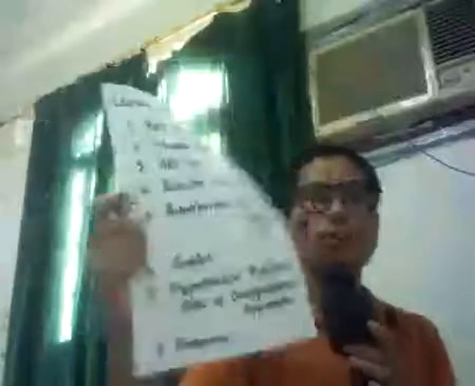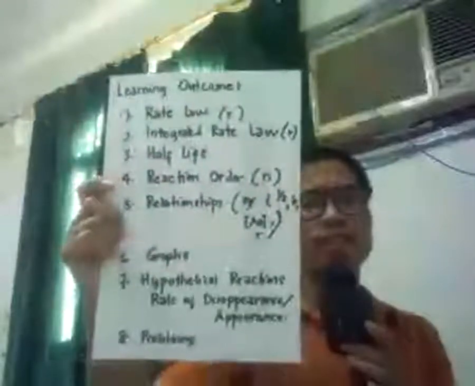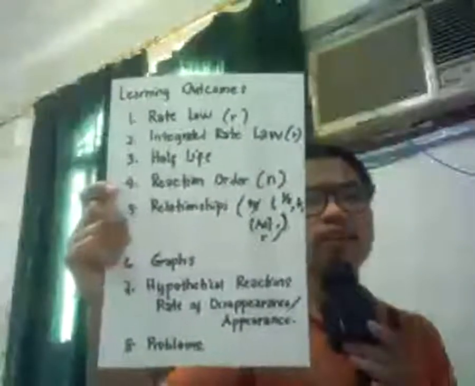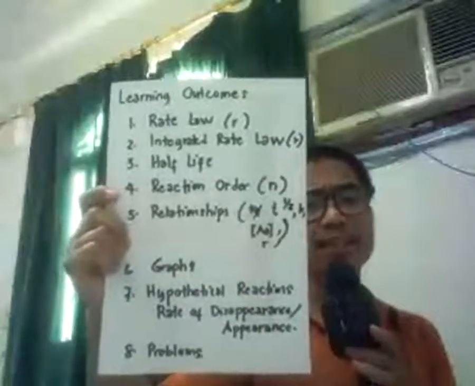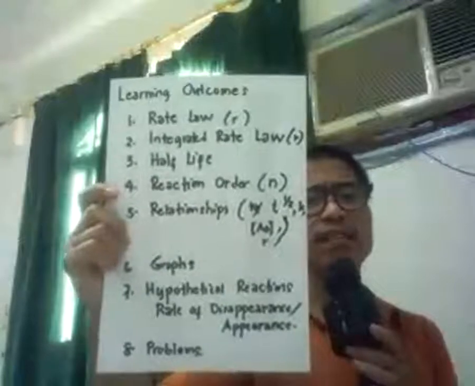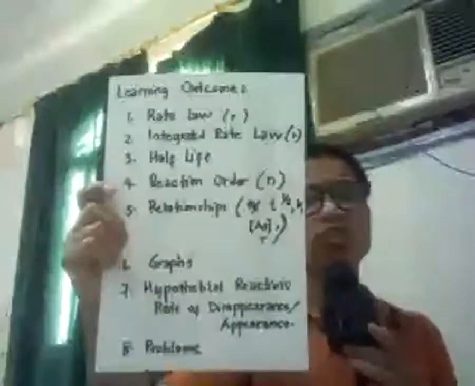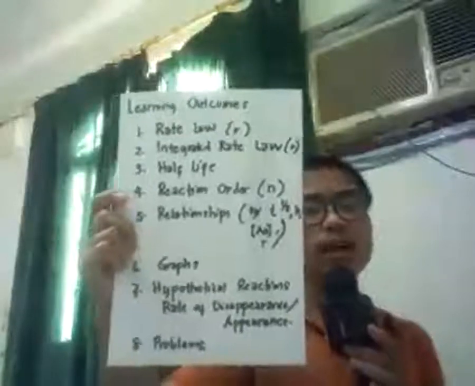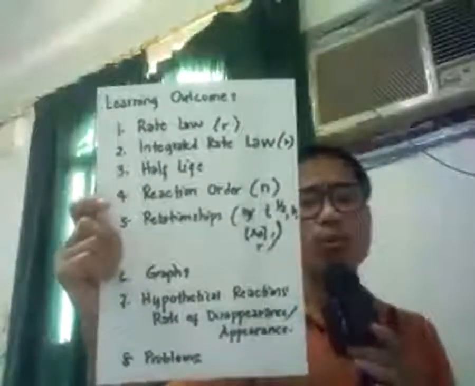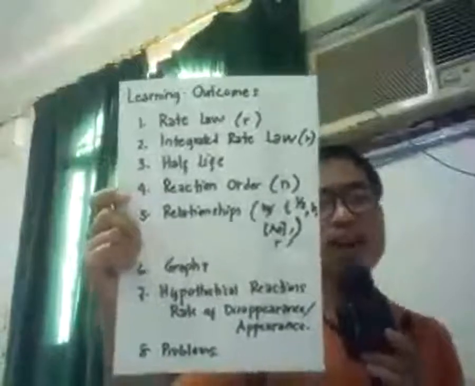Number 4, we have the reaction order, and here we need to discuss each reaction order with respect to each reactant, and also the reaction order overall in the overall chemical reaction. Sometimes the problem will ask, what is the reaction order with respect to this reactant?